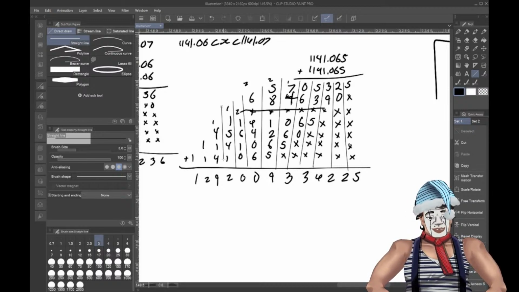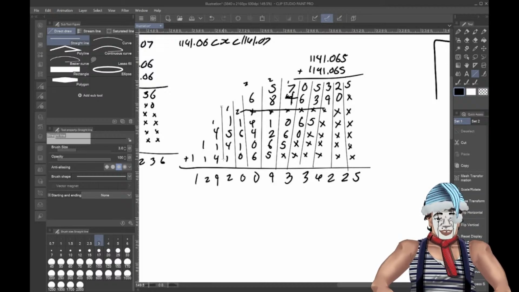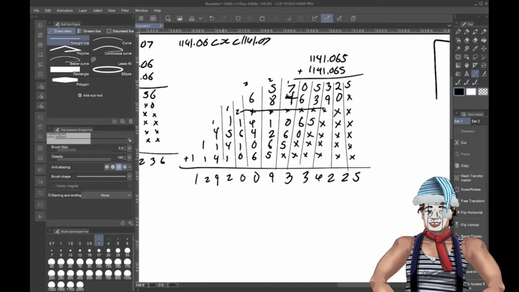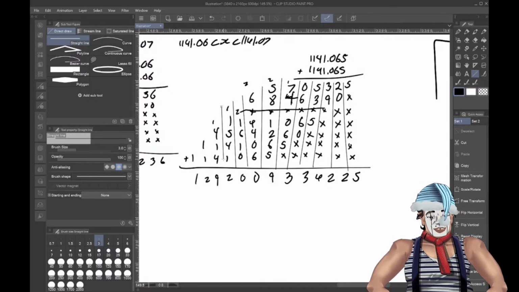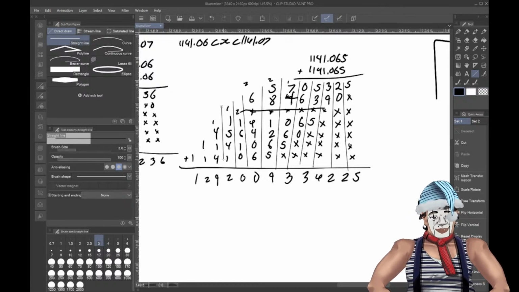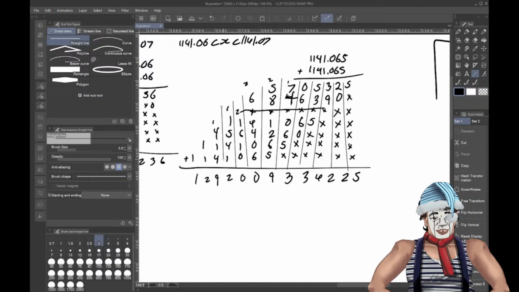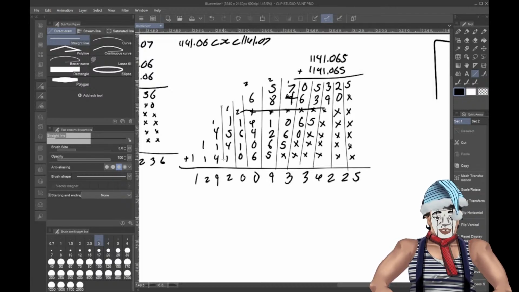Wait a minute. I might be carrying too many ones. Hold on. Oh, these little 2s and 1s are really messing me up right now. Okay. Let's see here. That is 10 plus, that's 16, that's 22, so move the 2 over.